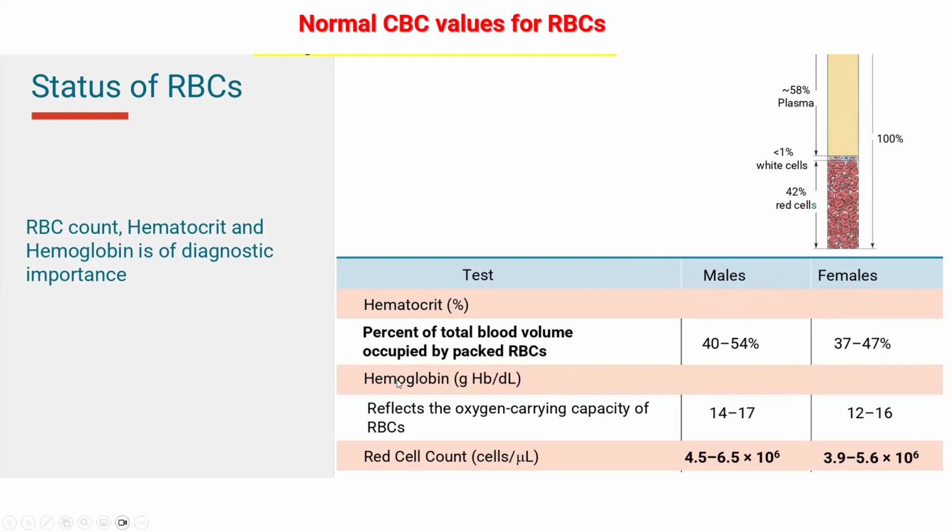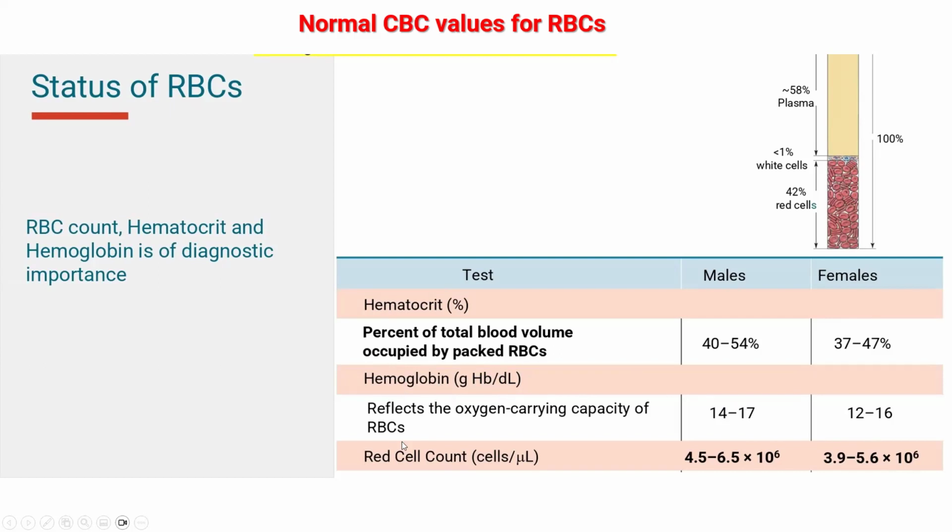Hemoglobin is what carries oxygen, so it reflects the oxygen carrying capacity of red blood cells. For males, it should be about 14 to 17 grams of hemoglobin per deciliter, and for females it should be 12 to 16 grams of hemoglobin per deciliter.